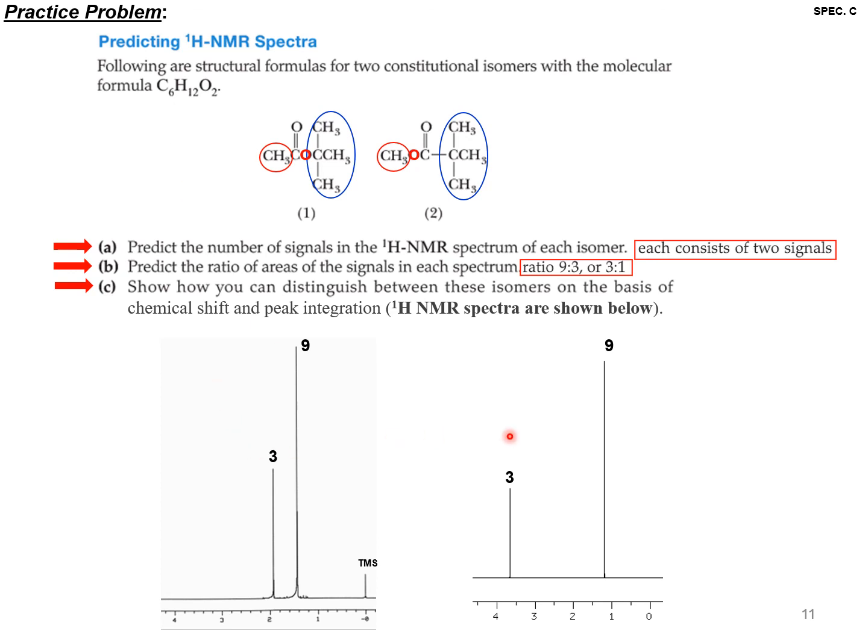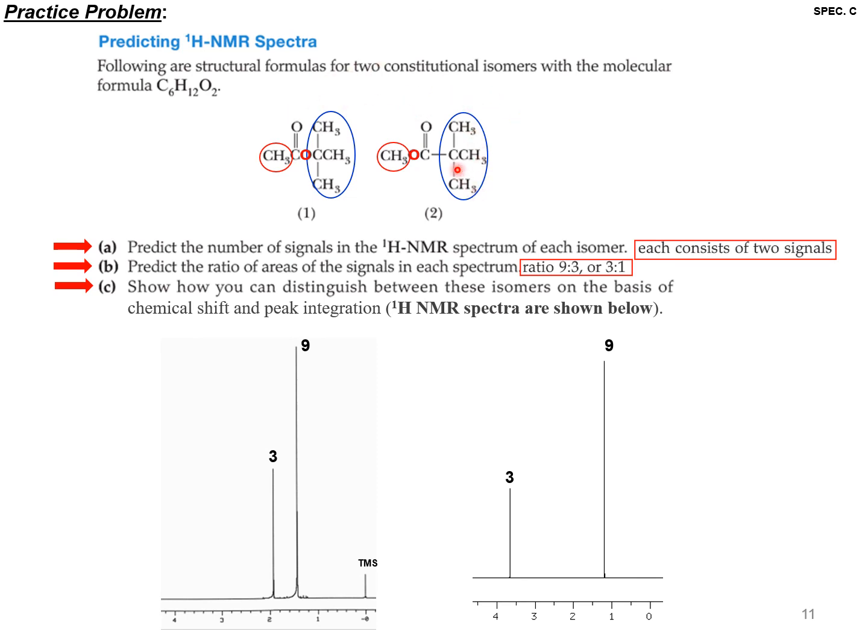Below we actually have spectra of the isomers. How would you distinguish between these isomers on the basis of chemical shift and peak integration? Well, we can identify which peak belongs to the t-butyl group and which belongs to the methyl simply by the integral values.